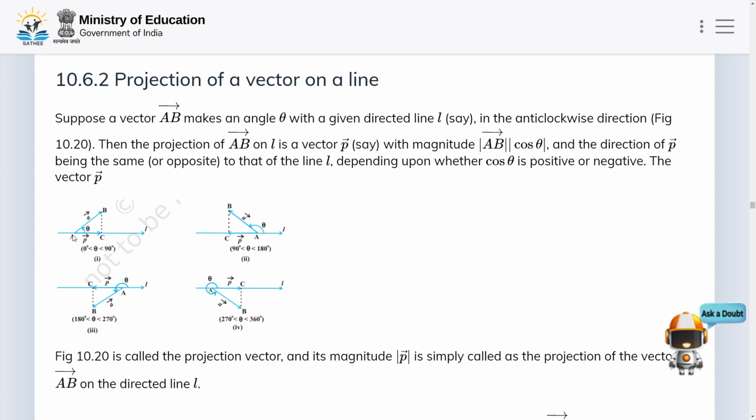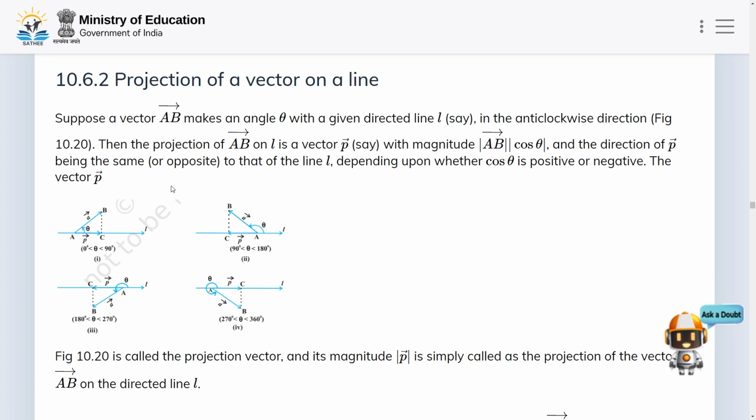So as you can see, prefer this figure, your AB vector, your line, and the angle between your vector and the line L in anti-clockwise direction will be theta. Another way of representation is like this: AB vector, your line L, your anti-clockwise angle.